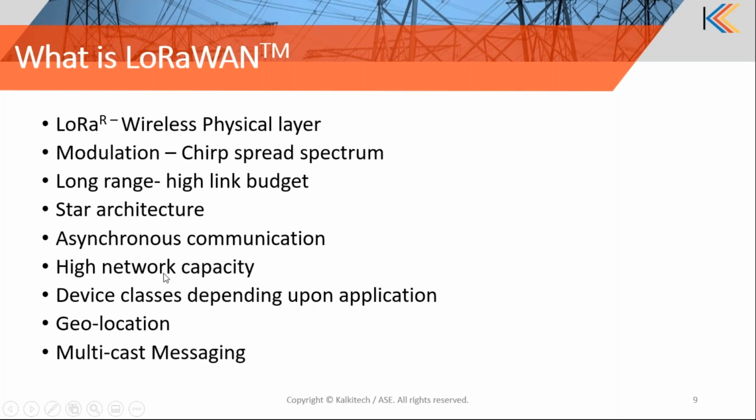And it has high network capacity. Basically, it is achieved by using multi-channel and multi-modem receivers in the gateway, so that simultaneous messages on multiple channels can be received in order to make adaptive data rate work. Symmetrical uplink and downlink is required, with even downlink capacity closest to a gateway.